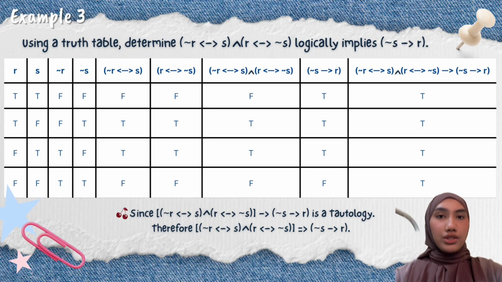In conclusion, since it is a tautology, we can conclude that (not R biconditional S) and (R biconditional not S) logically implies (not S implies R).